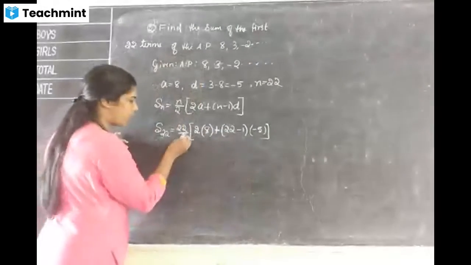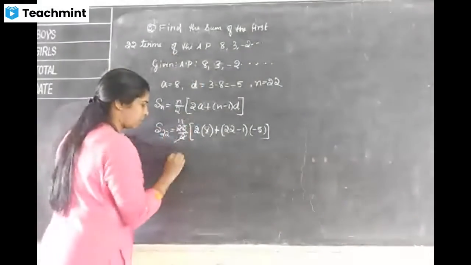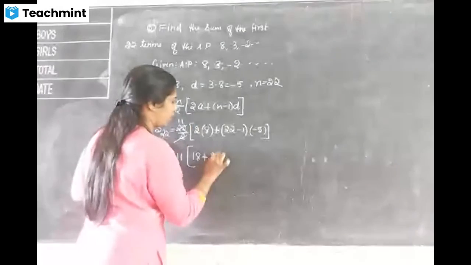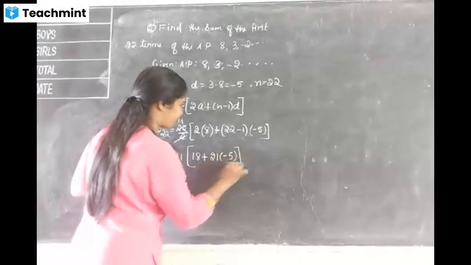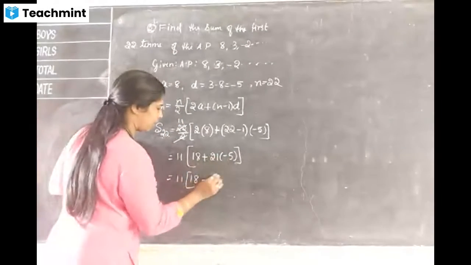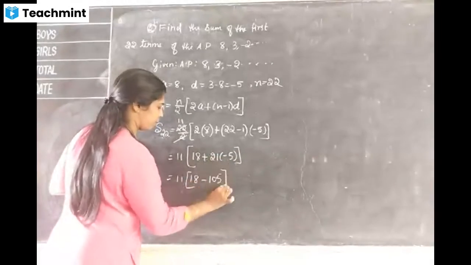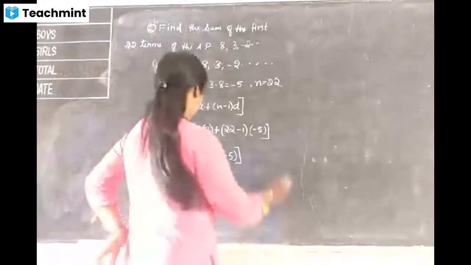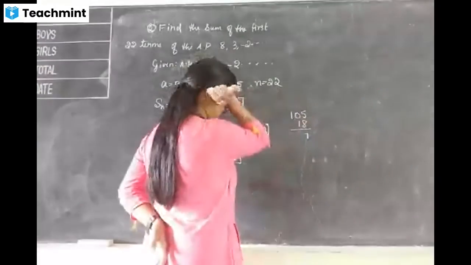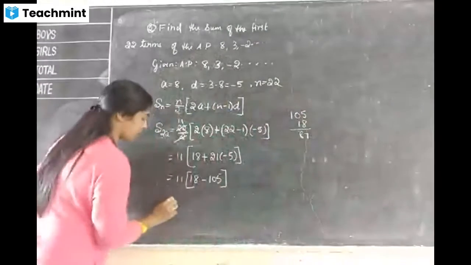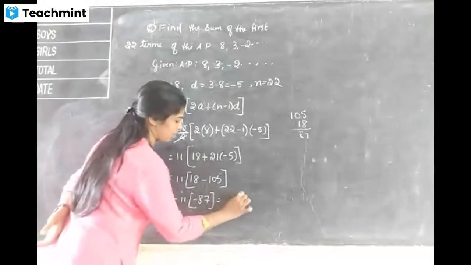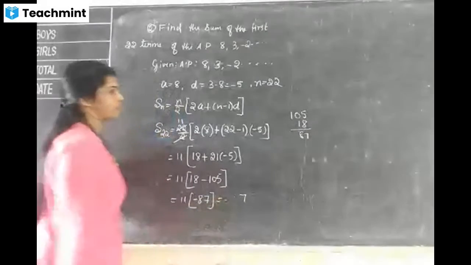Here also we can cancel: 11 into 16 plus 21 into minus 5. 105 minus 16, how much? 7, 9 minus 1 is 8. 11 into minus 89.